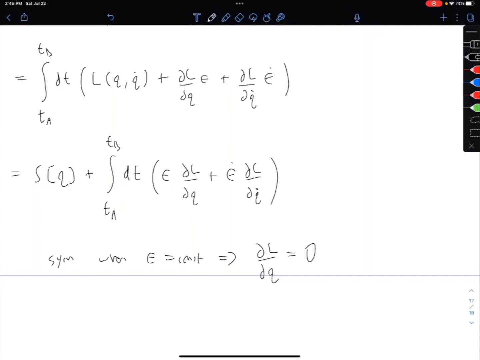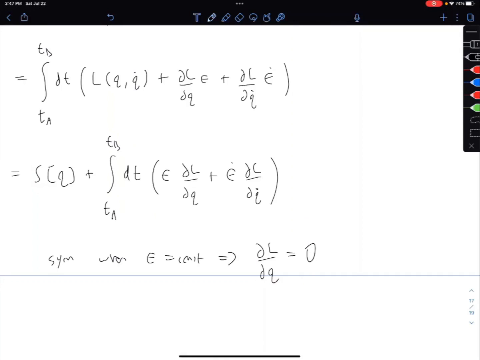So I've just derived what I said earlier, which is that if you only have one generalized coordinate, only one particle, it could be in 3 dimensions, say, it will only have spatial translation symmetry if this is 0.